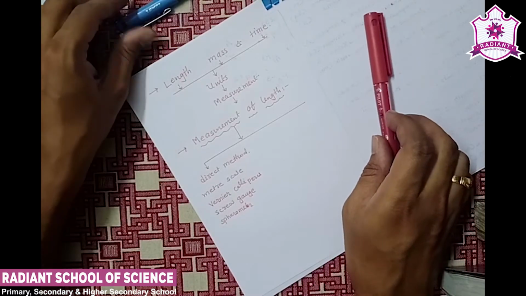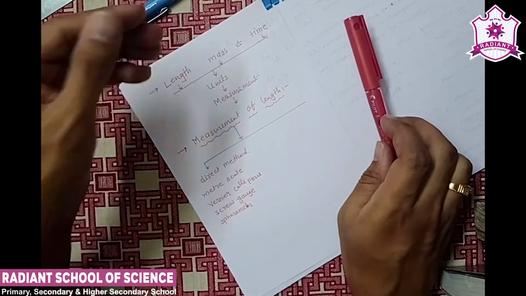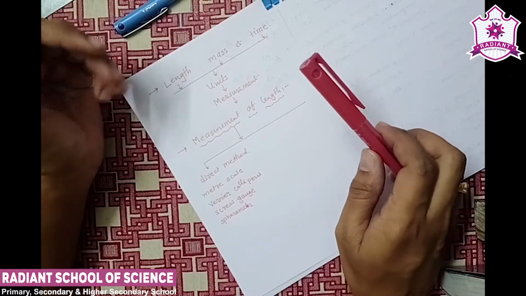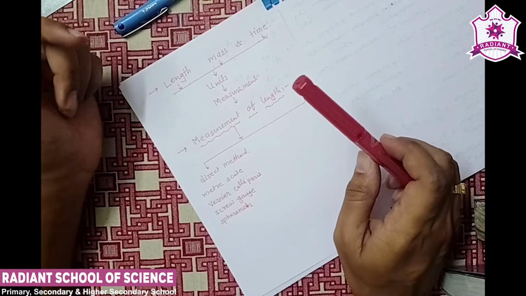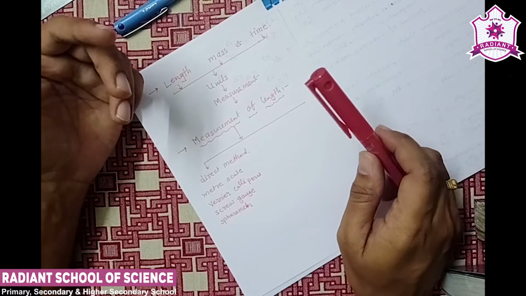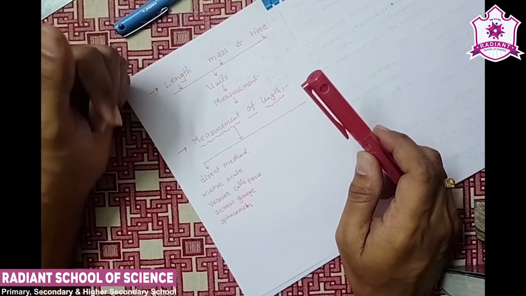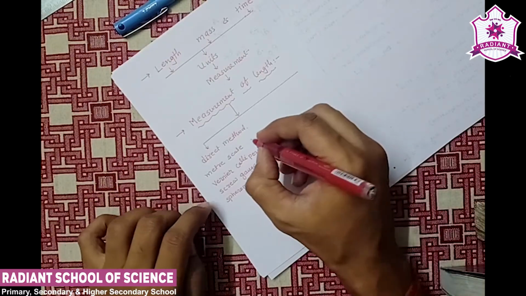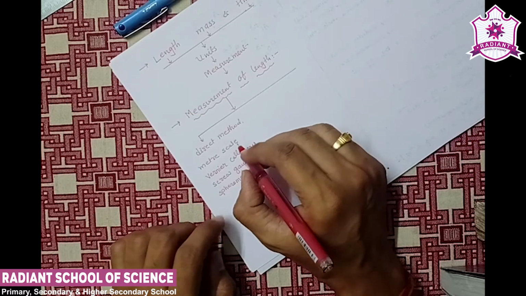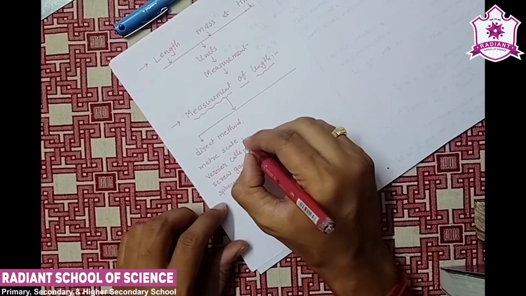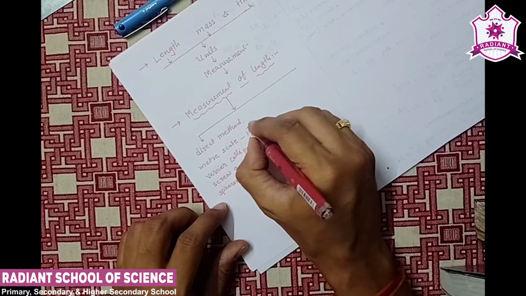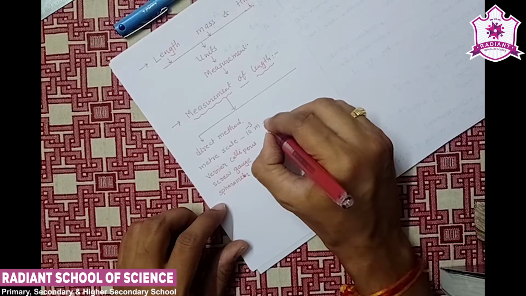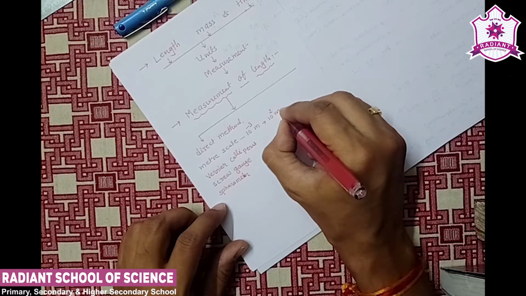Like the length of the pen, I can measure the length of the tiles of a home, or use different objects for measurement and use this scale to measure the length. That length ranges from about a millimeter, that is 10 raised to minus 3 meter, to a few meters, about 10 to the power 2 meters.